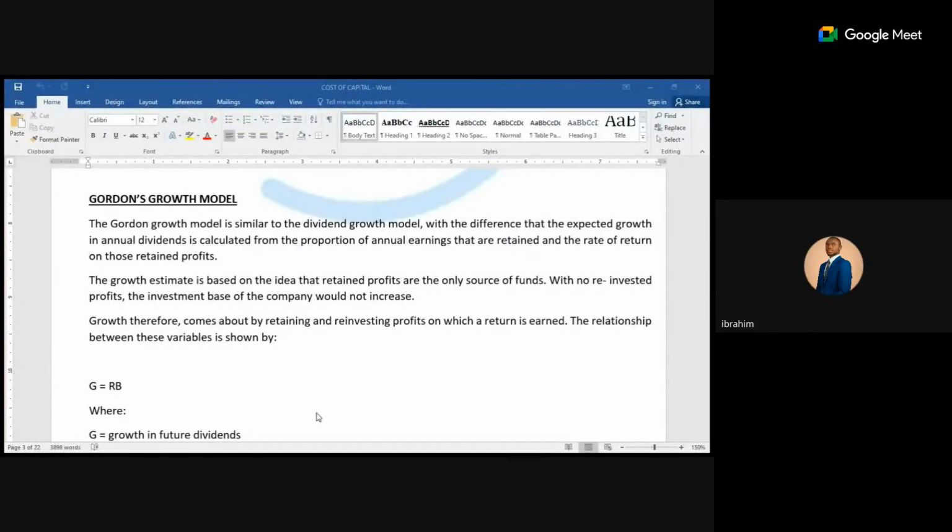Now, class, a company will not pay you dividend if they don't make a profit. So therefore, dividend is paid from their earnings. So Gordon's growth model makes use of accounting profit, because without that accounting profit, your dividend will not be paid. If you make a loss, the company will not pay the ordinary shareholder.